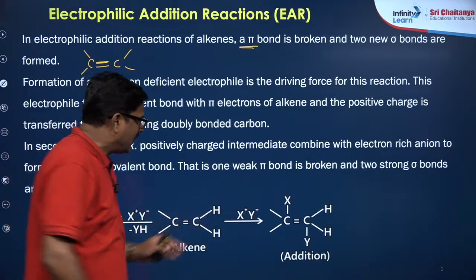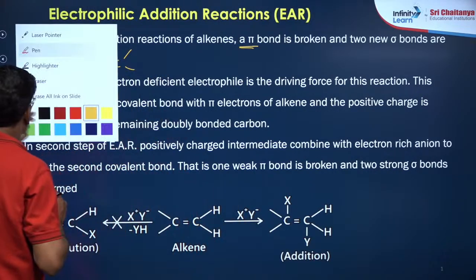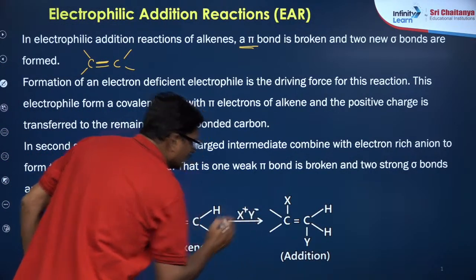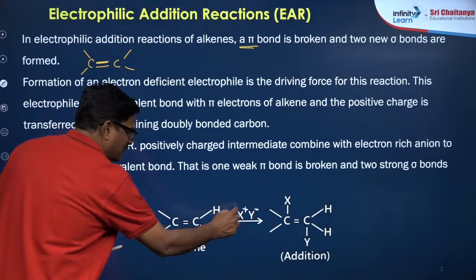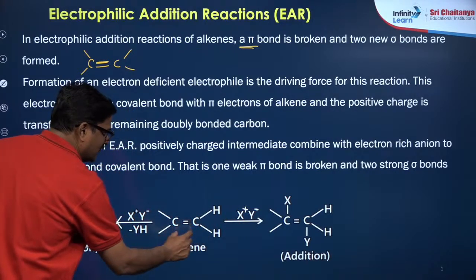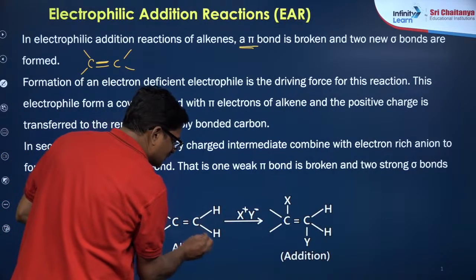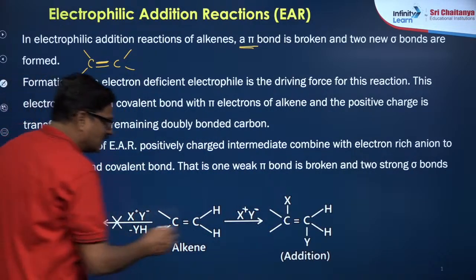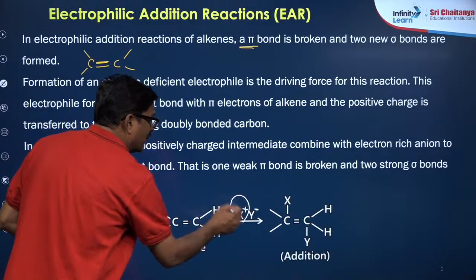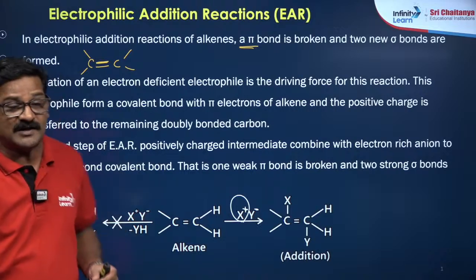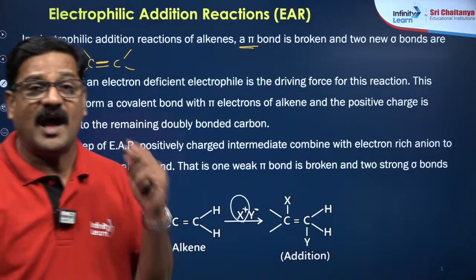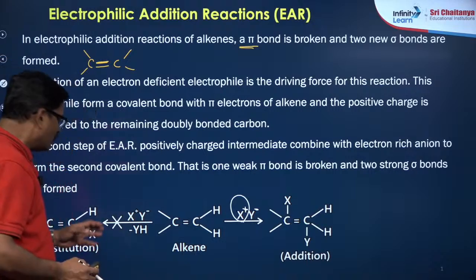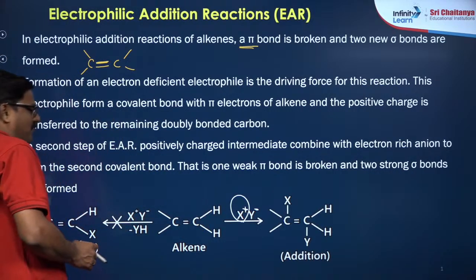Alkene, when X plus and Y minus, so that X plus is attacked here and Y minus is attacked here. So this is an addition reaction, right? So in this addition reaction, electrophile is mediating, so that it is called as electrophilic addition reaction. Understand?